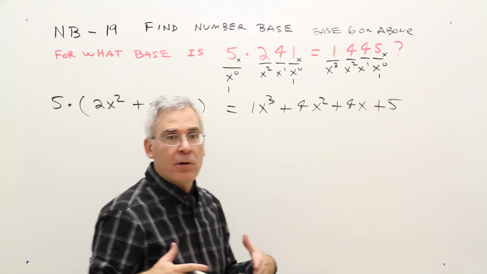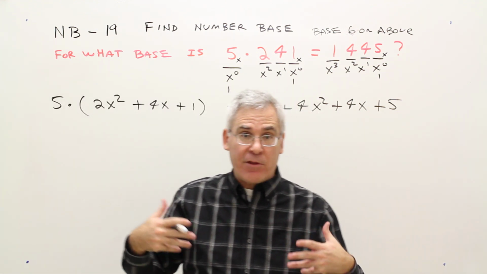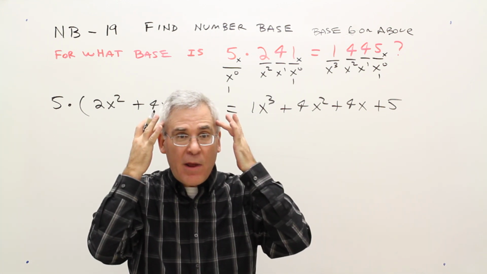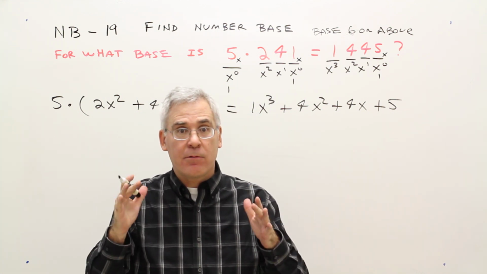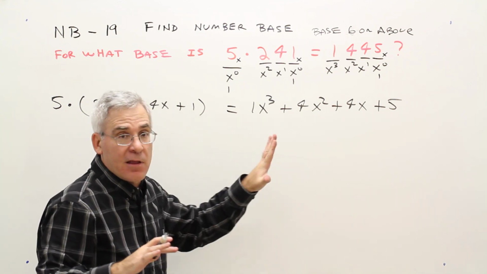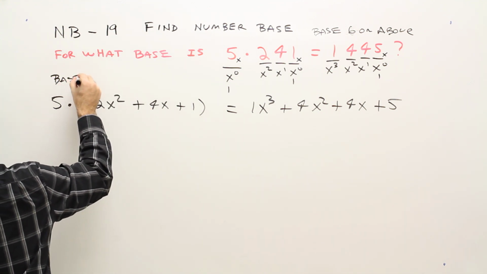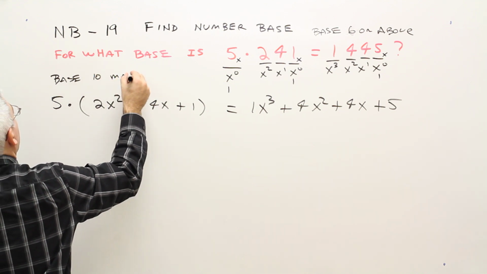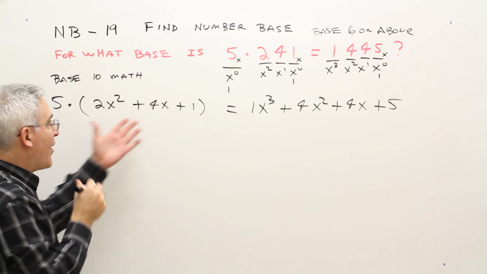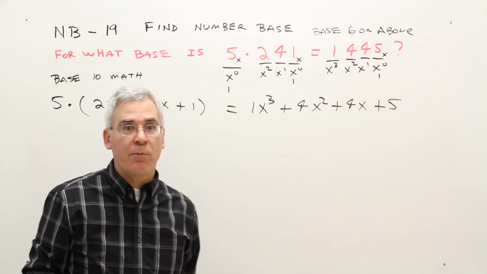And just a reminder, when we're talking about finding the number base, we're thinking of number bases in a base 10 scenario. So when I do this math, it's going to be done in base 10. So once I do this step, I'm back to just normal algebra.